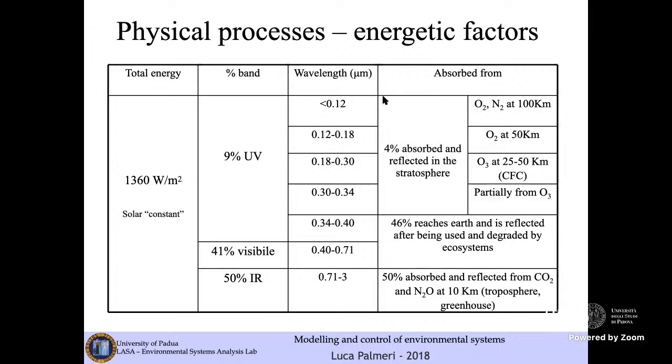Of ultraviolet, we have a very refined subdivision in terms of effects. For example, ultraviolet waves whose wavelength is smaller than 0.12 microns are absorbed by gases like oxygen or gaseous nitrogen in the highest part of the atmosphere, the stratosphere. 4% of this quota is absorbed and reflected in the stratosphere, so the highest part.